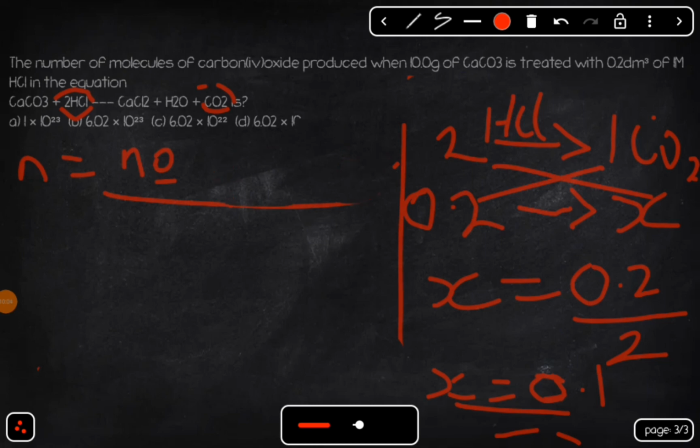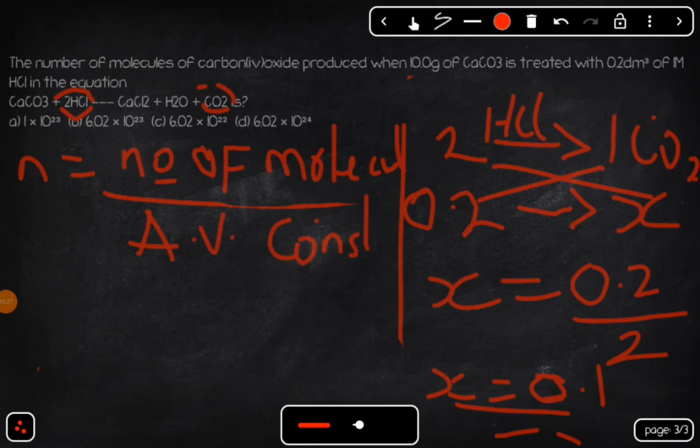So our number of moles is 0.1, which is equal to, let's say this is y, over Avogadro's constant, 6.02 times 10 raised to the power 23.